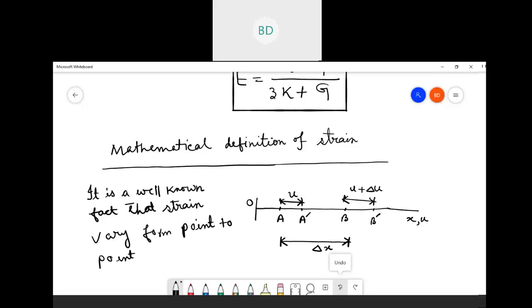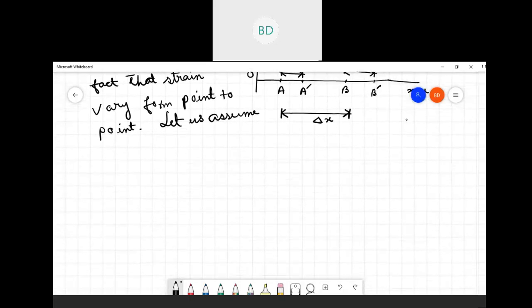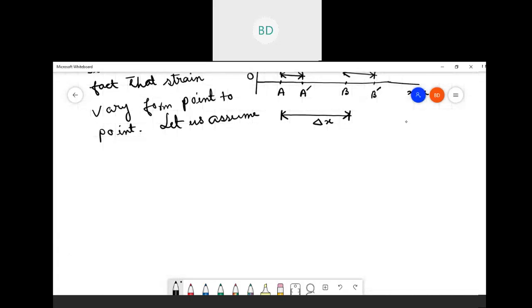Let us consider point A. Let us assume A moves by a displacement of u.